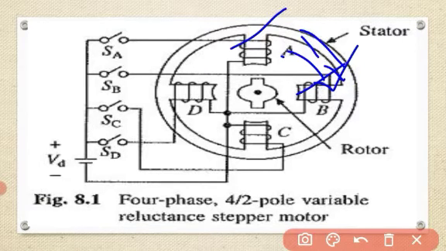So the intermediate step of A plus B is known as micro stepping. That is the term you have to remember.